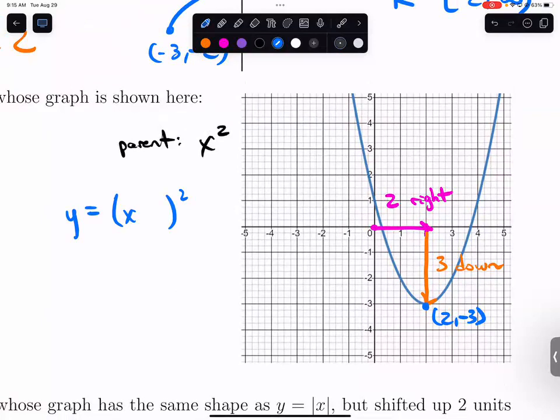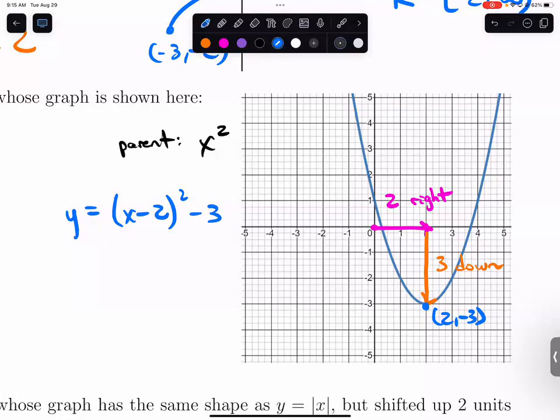It would be -2 inside of the square, right? Yeah, so we're basically filling in, right? I've got a thing that looks like x squared, but possibly with something extra in here, possibly with something extra out here. So the 2 to the right should happen on the inside. And then the -2. It's got to be minus to move to the right, and then -3 on the outside.